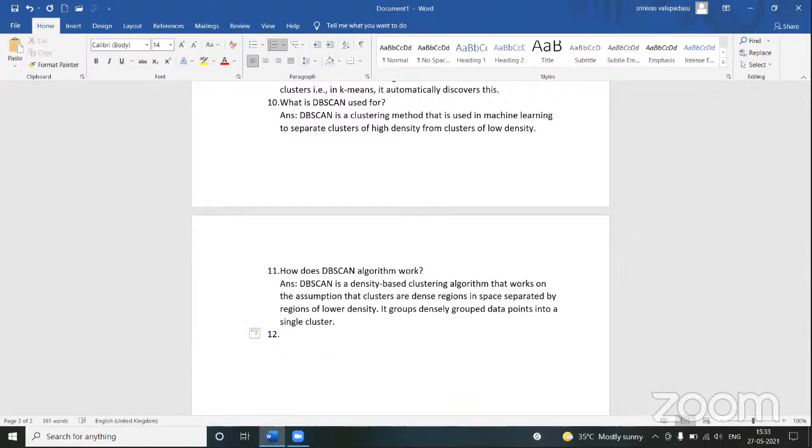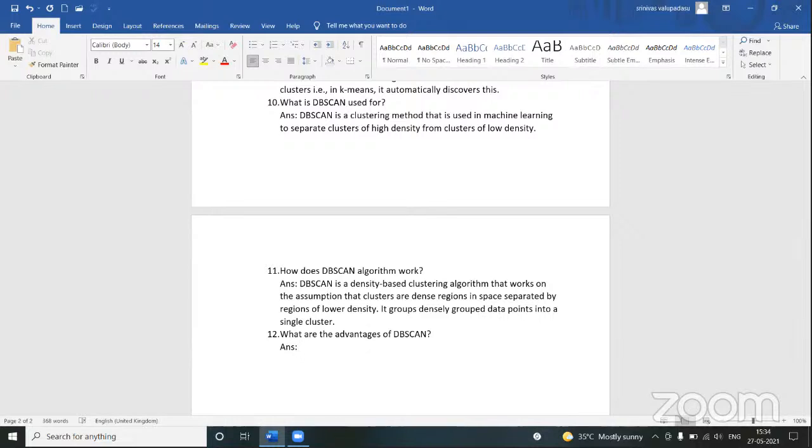What are the advantages of DBSCAN? DBSCAN does not require one to specify the number of clusters in the data.